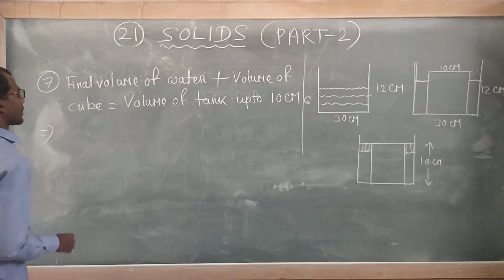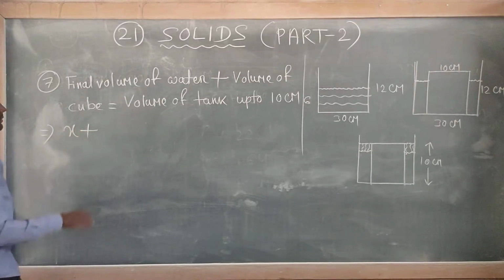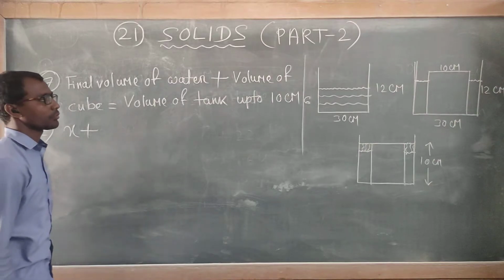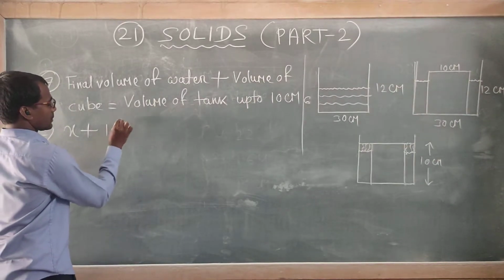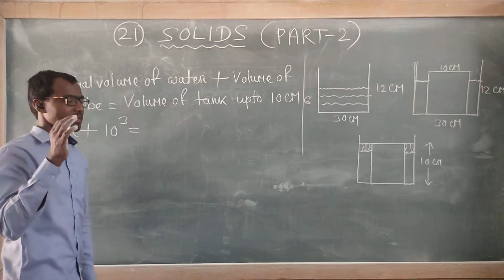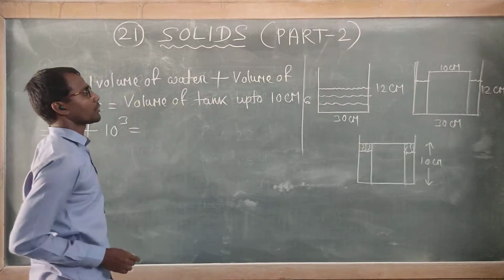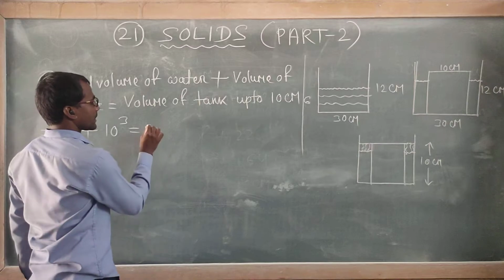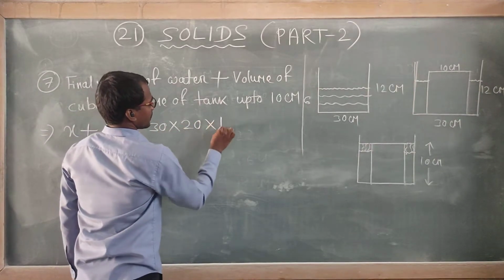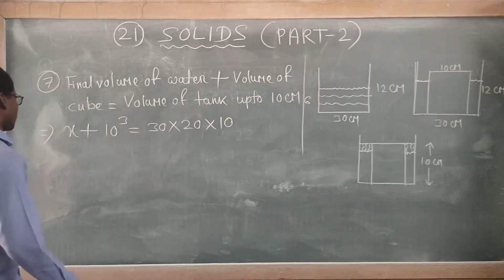Suppose final volume of water is x. The volume of cube, as the edge is 10, will be 10 cube. Now volume of tank up to 10 cm means LBH. Length is 30, breadth is 20, height is 10.